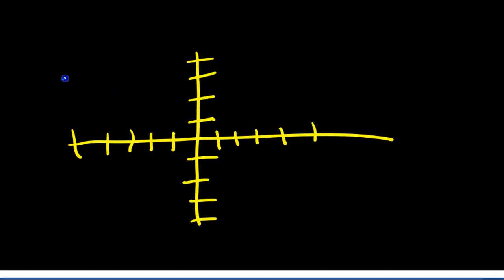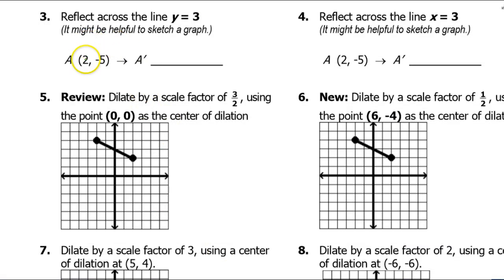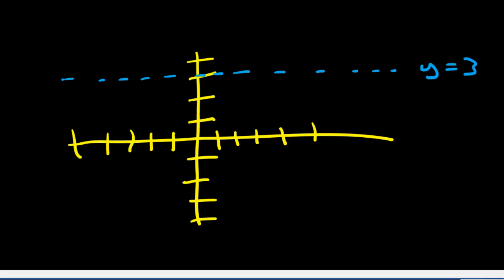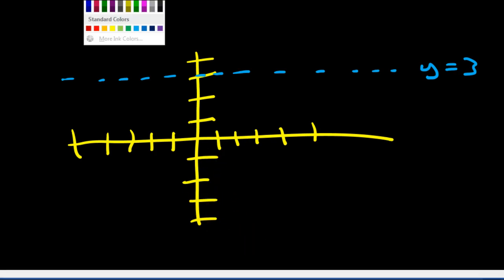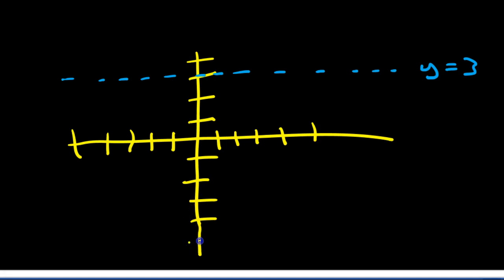So this is the line y equals 3. Now the point we need to reflect is the point 2 comma negative 5. So this is 2, 1, 2, 3, 4. I need to go down one more. So here is the point 2 comma negative 5.